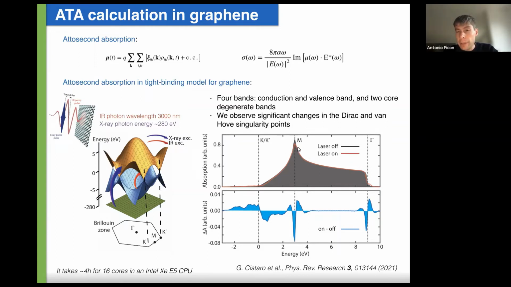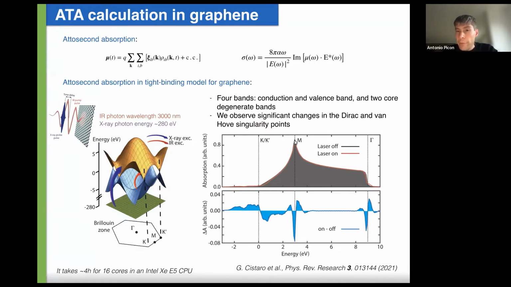But for time delay 0, we see that the line shape of the spectrum is changing. Mainly they are gathering around these points, right? That corresponds to K prime, these points that are the Dirac points, that are degenerate, the M points that are these ones, that are the arc between the K and K prime points, and then the gamma points that are the ones on the top, that have the most energy.